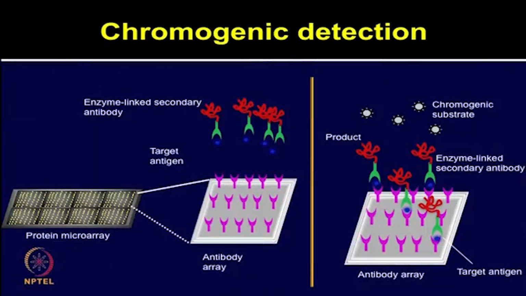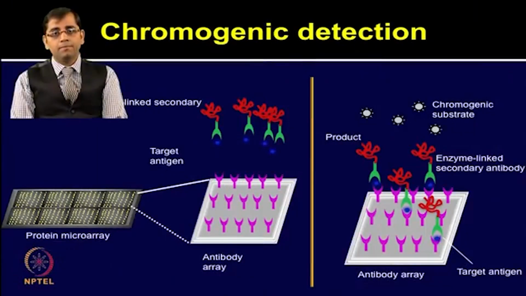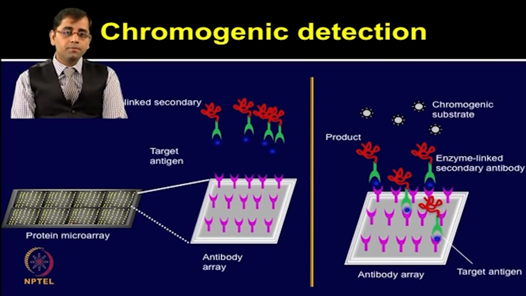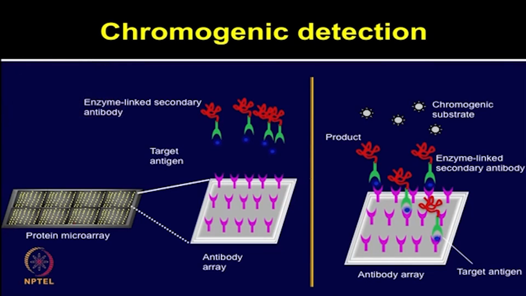In chromogenic detection, an enzyme that can give a colored reaction upon addition of suitable substrate is usually linked to the secondary antibody. Catalysis of chromogenic substrate molecules results in the colored product formation which can be easily detected and quantified by means of a microarray scanner.